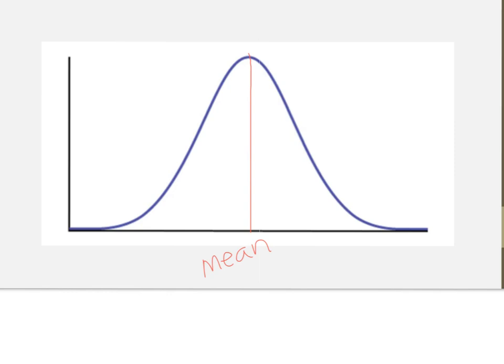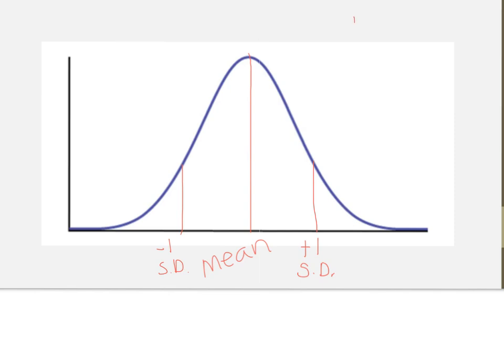Now, we said that standard deviation is a number. What does that number mean? Well, in order to figure that out, I'm going to label +1 standard deviation, 1 standard deviation above the mean, and 1 standard deviation below the mean, so -1 standard deviation, falls there.